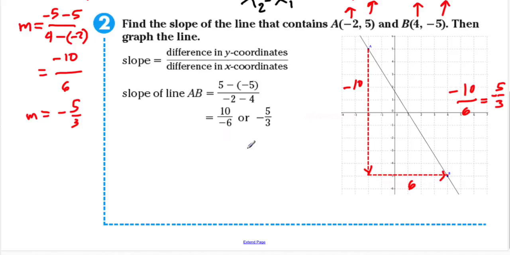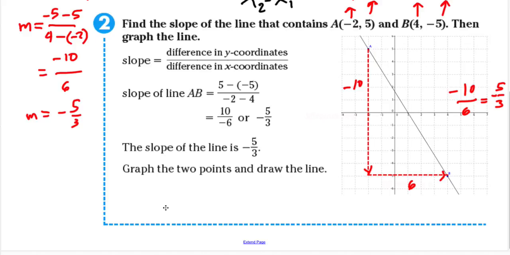In this case, the book counted from the left, that's why it became negative 6, and it counted up, that's why it became positive 10. Graph the 2 points, the slope is negative 5 over 3. Graph the 2 points and draw the line.